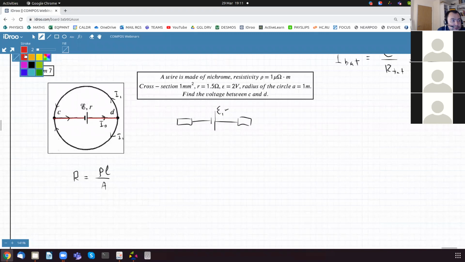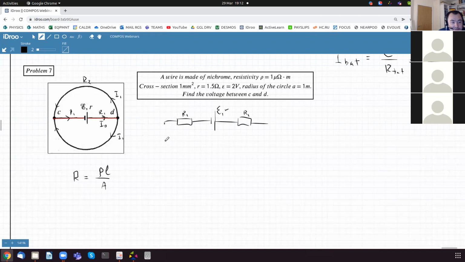That's going to be confusing, so let's call it R1 and R1. This is R1 and this wire is R1 because they have the same length, it's in the middle. Now the top wire, let's call it R2. The resistance of the top wire is R2.